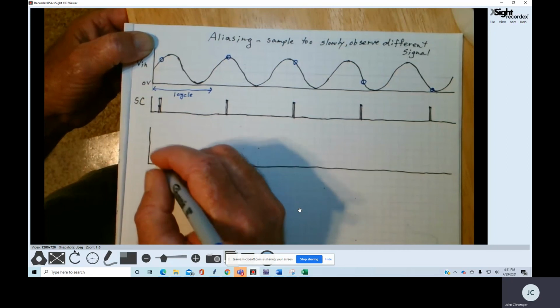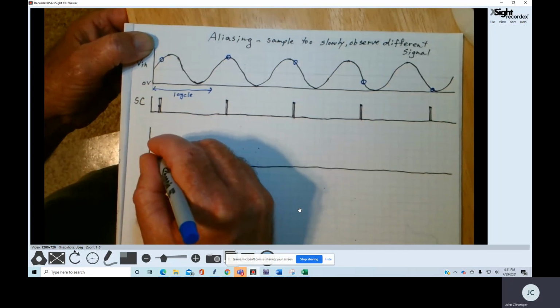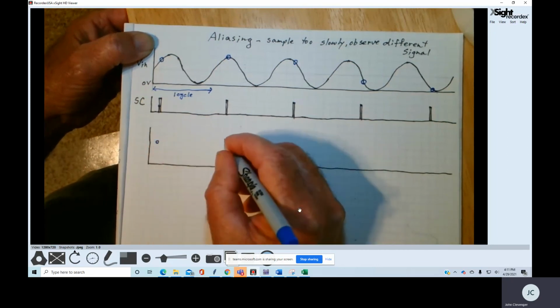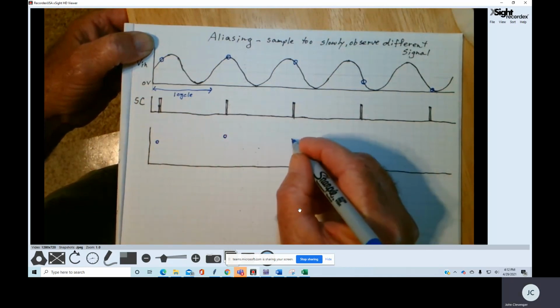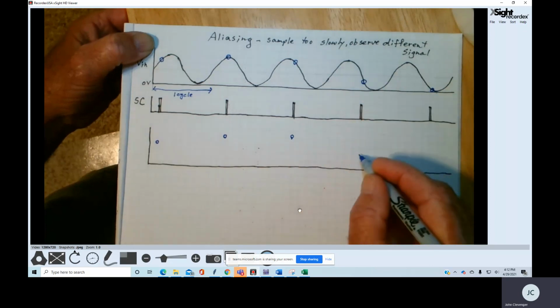So we're going to send information here. We're going to send information here. We're going to send some information that's about right in here somewhere. And then somewhere down here, that's about 1.5 divisions up.